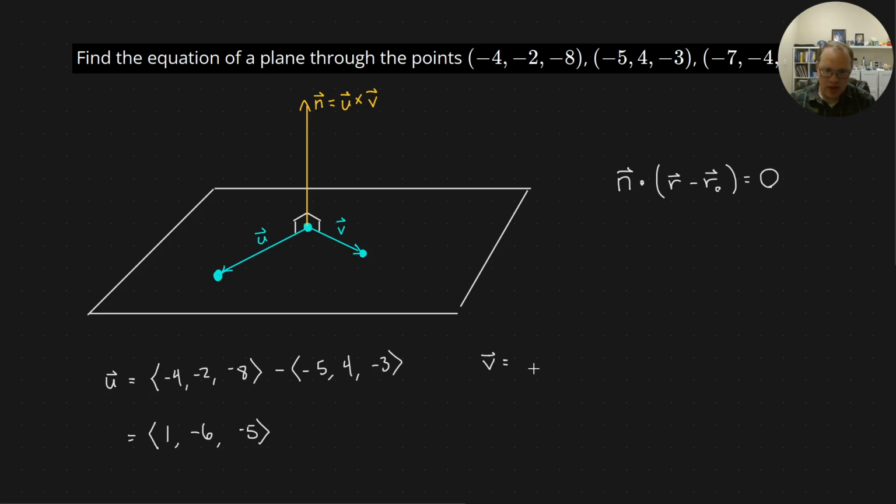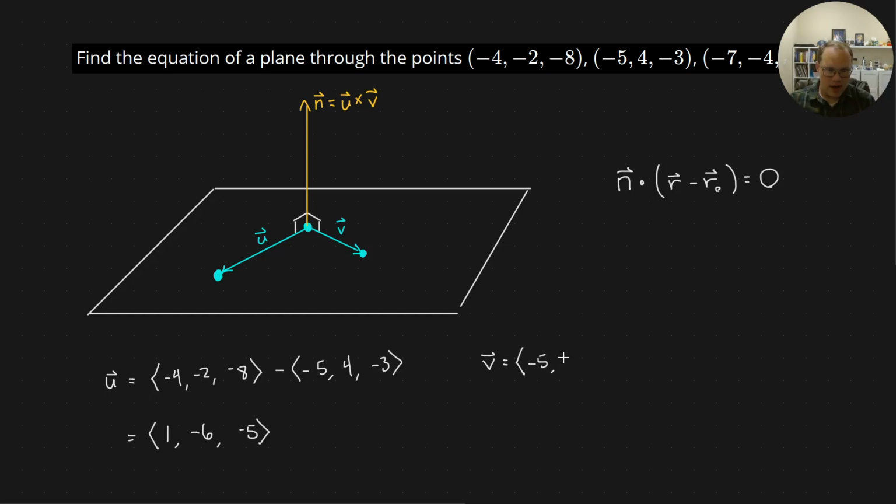And then vector v, same thing, but I want to make sure I use 2 different points. I can't use these 2 points the same. I definitely don't want to take this and subtract that, for example. I need a vector pointing in a totally different direction, but still in the plane. So I need 2 different points. So I could use this one and this one, or I could use this one and this one. Okay? I think in this case, I'll use my last 2.